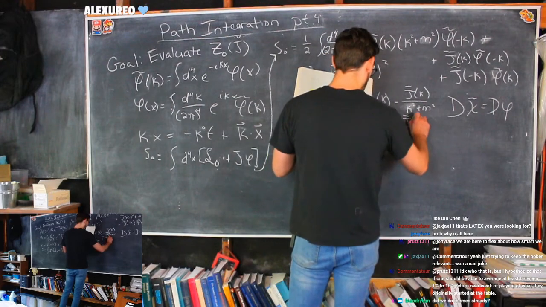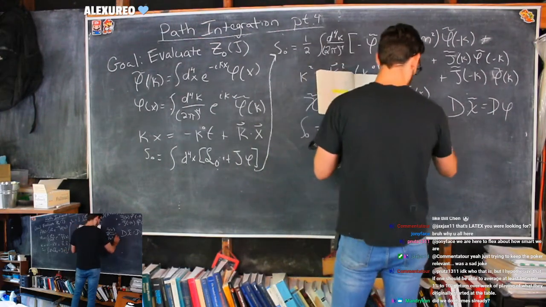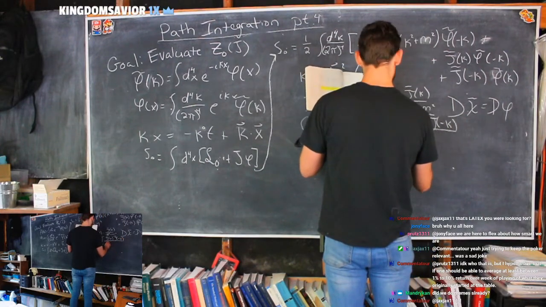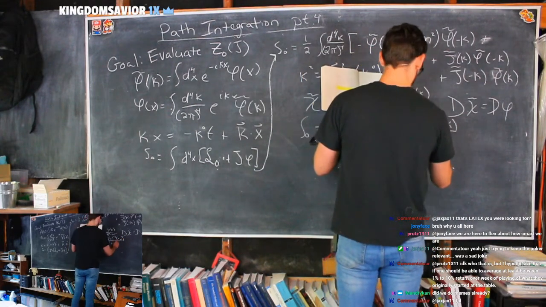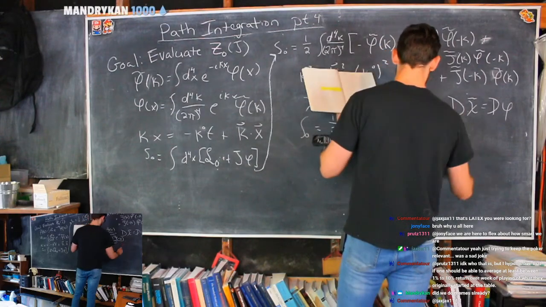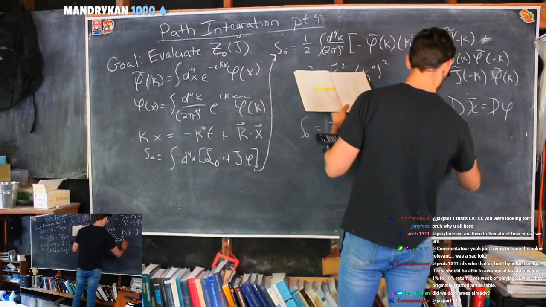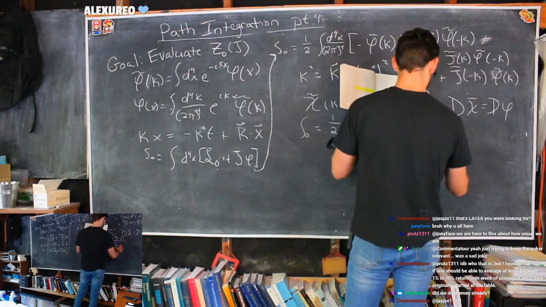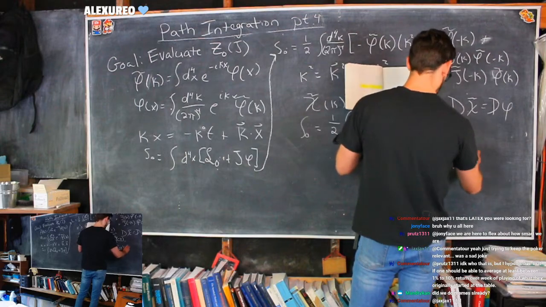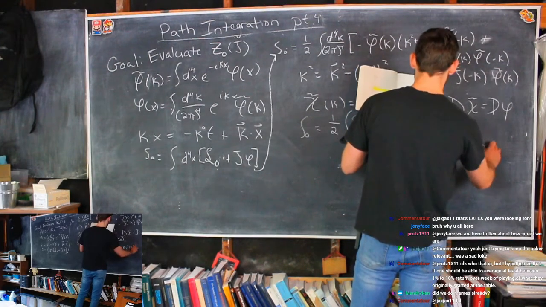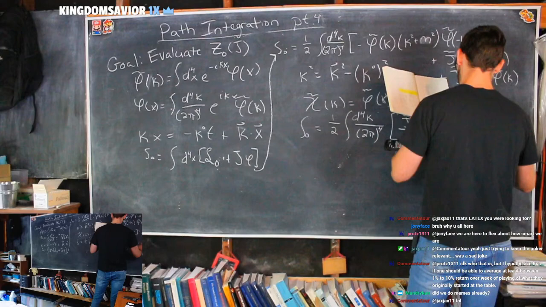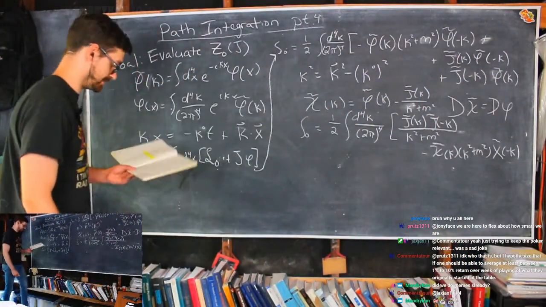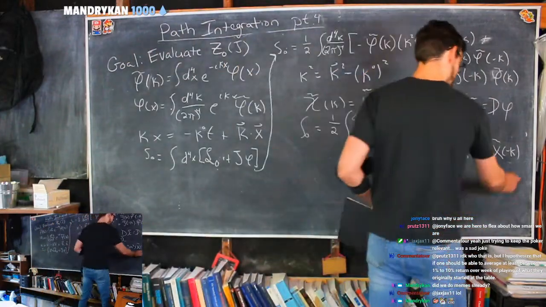So we'll have squiggly j times k, squiggly j times minus k, all divided by k squared plus m squared. And then we have another term here: minus fancy x, k squared plus m squared, and then fancy x of minus k. And then I think we have to close brackets, which I don't have in my notes.